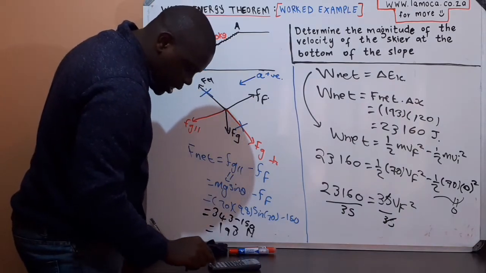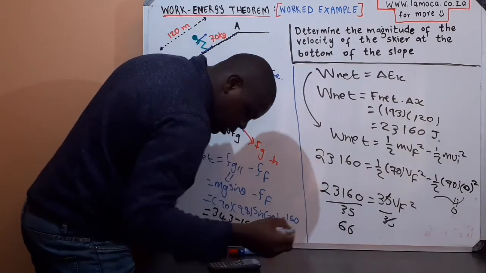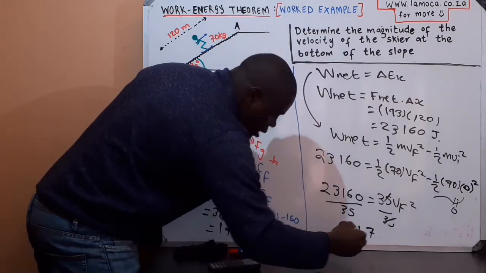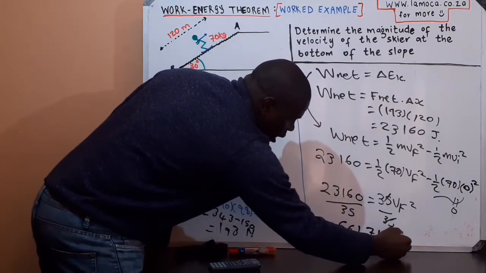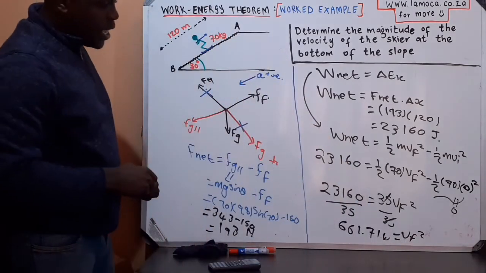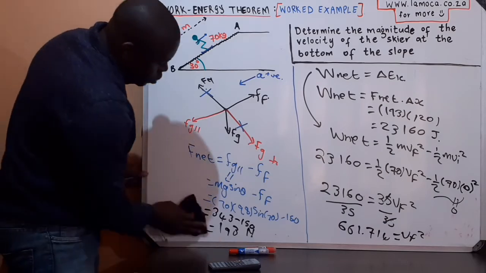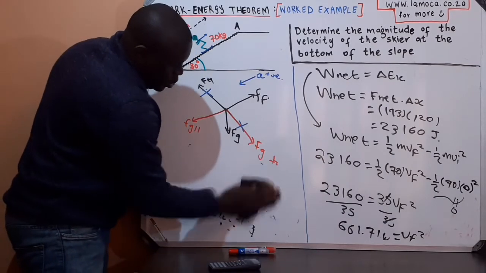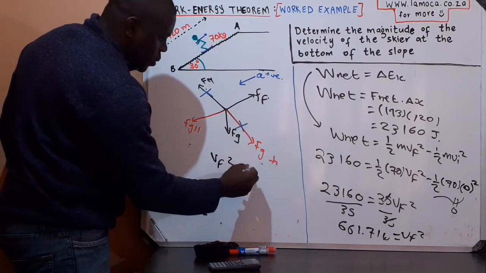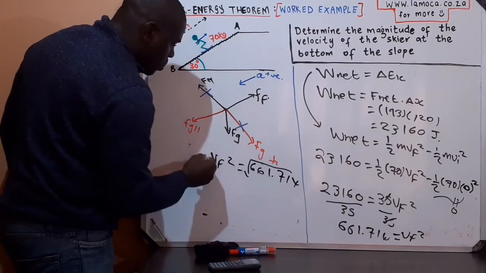23,160 divided by 35 is equal to 661.714, equals vf squared. Now remember, at this point we're just looking for vf, so we take the square root on both sides.